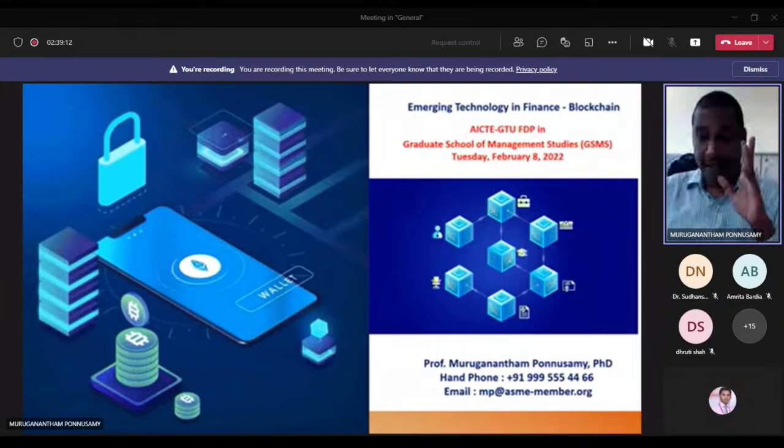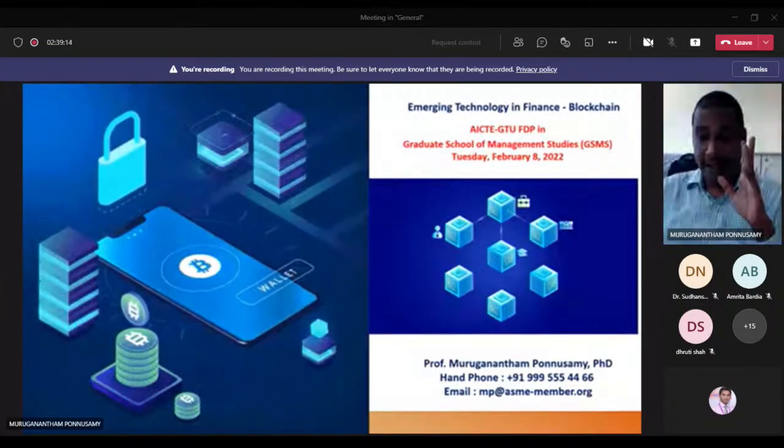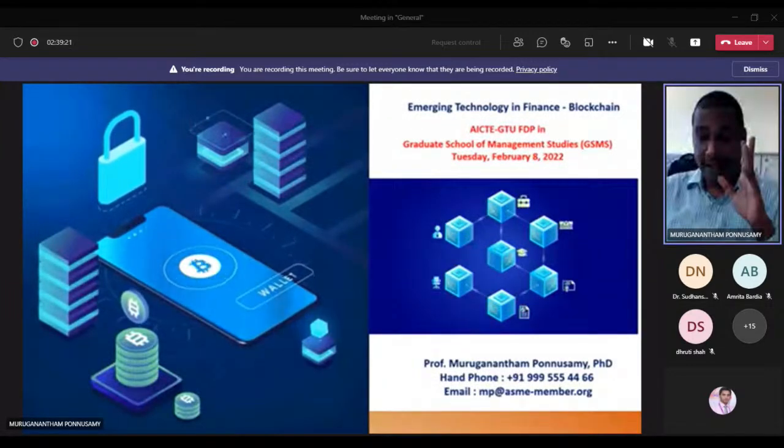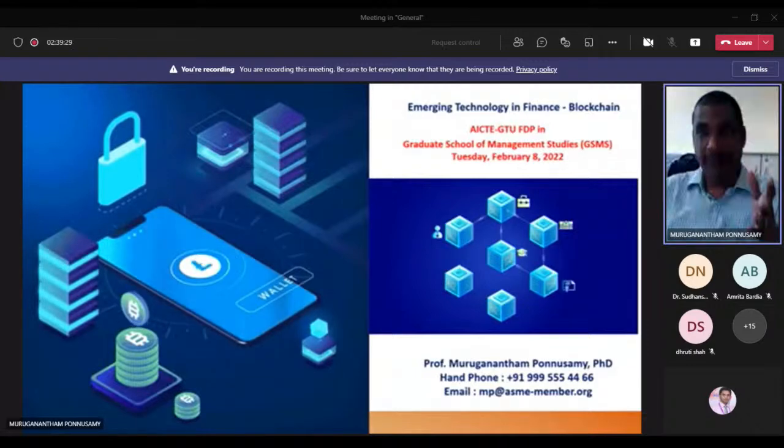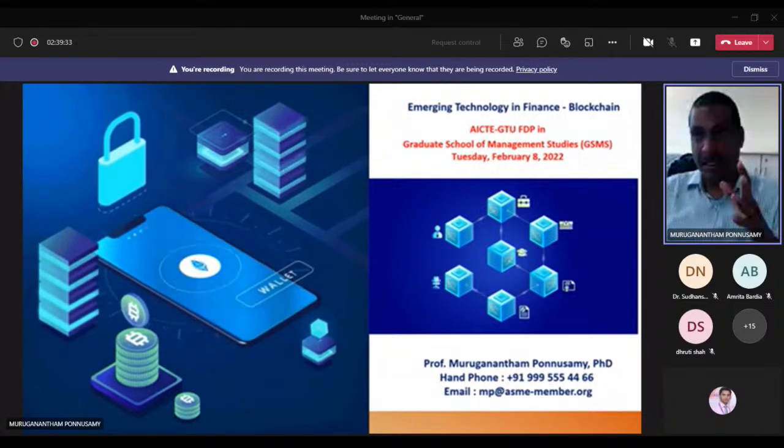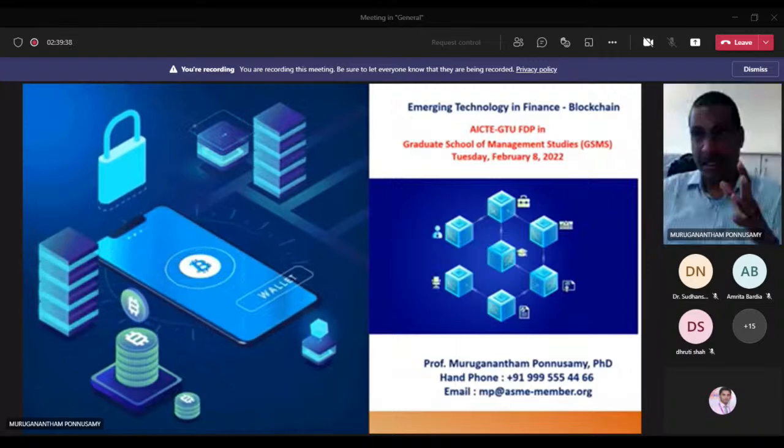I hope the audience may understand the requirement for implementing this technology specifically in finance. The reason is that, for financial or non-financial institutions that want to improve efficiency, improve transparency and reduce transaction cost, blockchain technology is contributing a lot as of now.